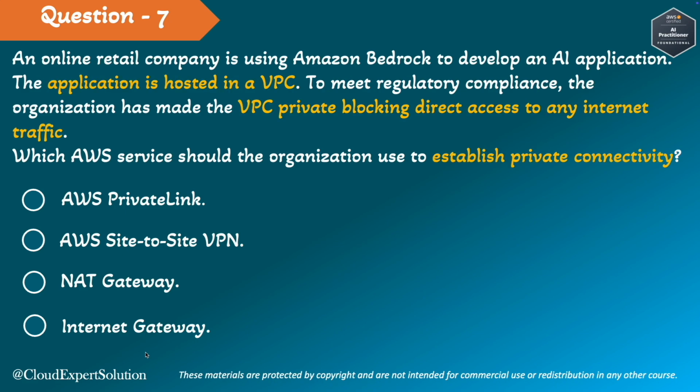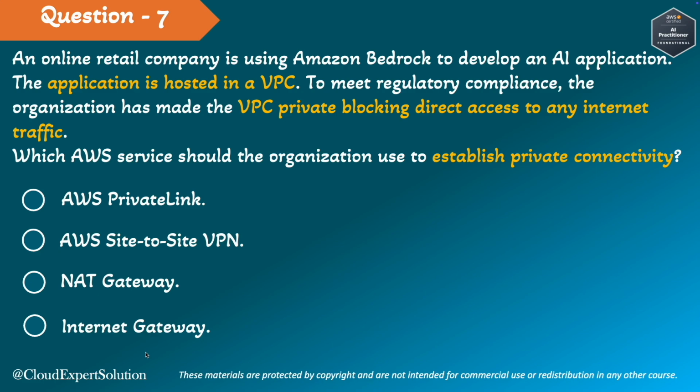Couple of important phrases. The application is hosted in a VPC. The VPC is private. It is blocking direct access to any internet traffic, and we need to establish connectivity securely or privately using the AWS backbone network. The correct option is PrivateLink.